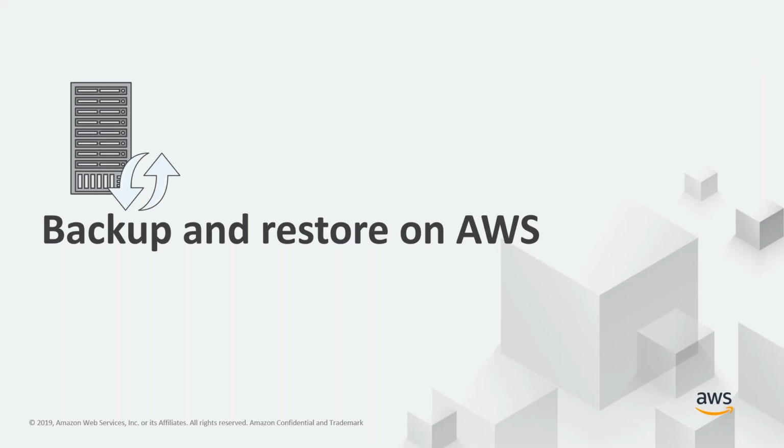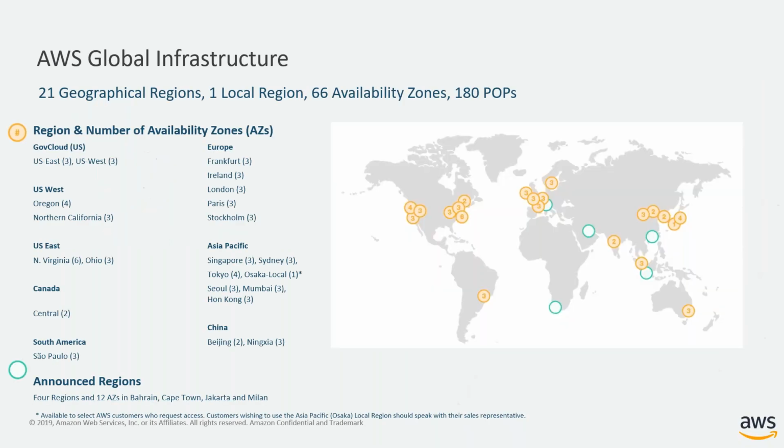So as I mentioned, I'm going to start off with a quick introductory presentation on backup and restore on AWS. To give you some foundation, AWS has infrastructure around the globe.